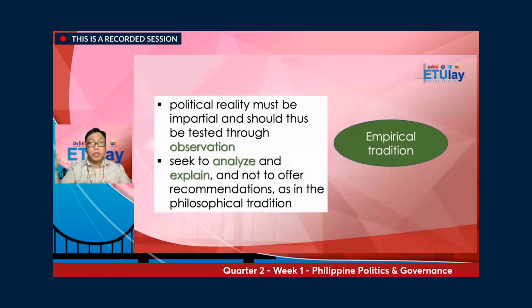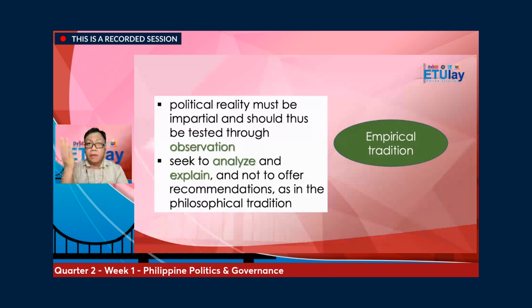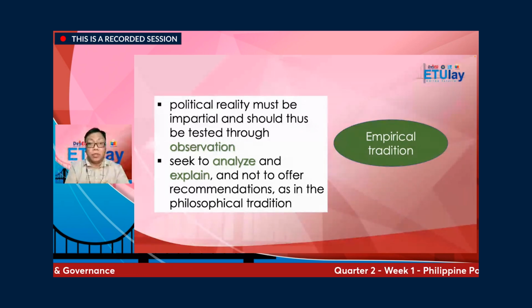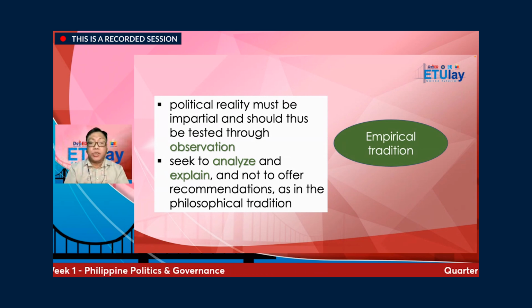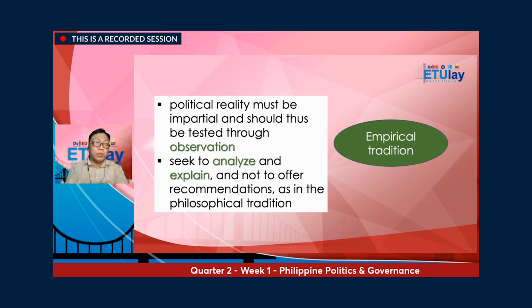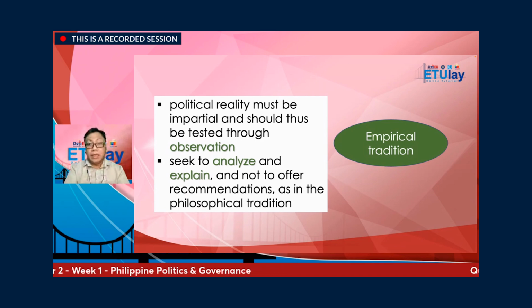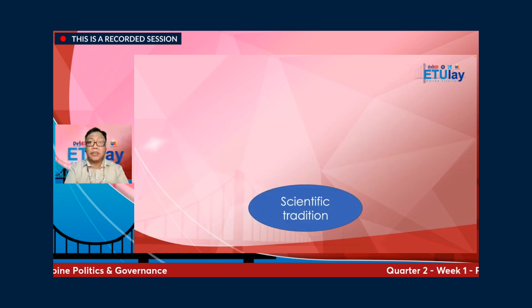When we observe, we use our five senses, our eyes, our ears, and of course, we also use other senses like, yes, even the sense of touch. That's part of observation. That is empirical. And then after observation, we seek to analyze and explain what we have experienced and not to offer recommendations as in the philosophical tradition. Kasi yung philosophical tradition, you have to do this, you ought to do this, and that is something different from the empirical. And the third is the scientific tradition.